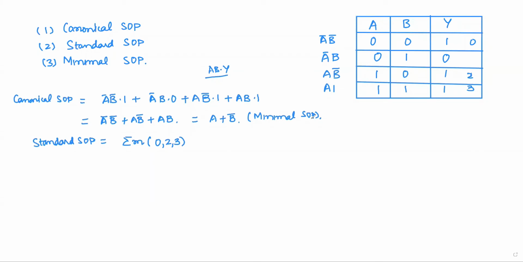Now I will be discussing the case for product of sums. So we also call them max terms. So we will be discussing them. POS stands for product of sums.